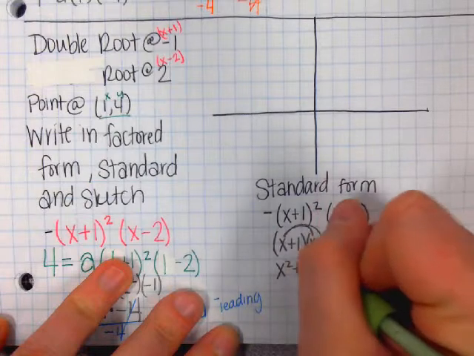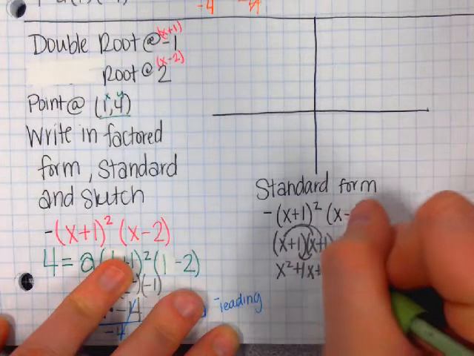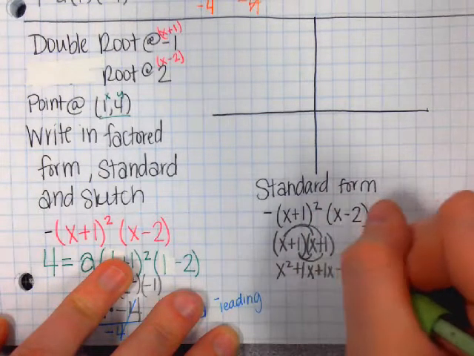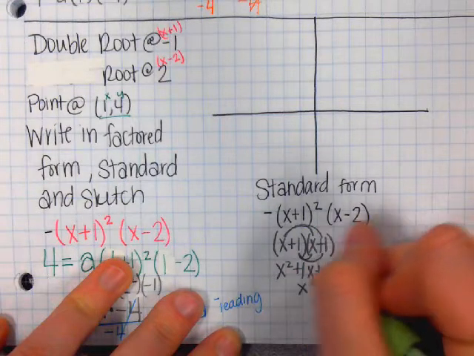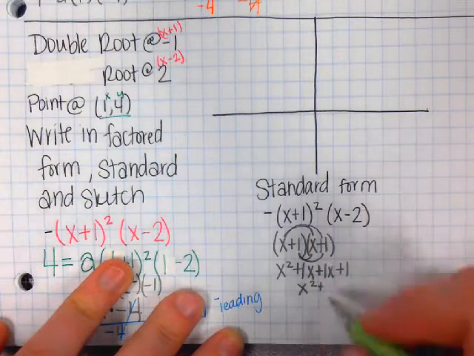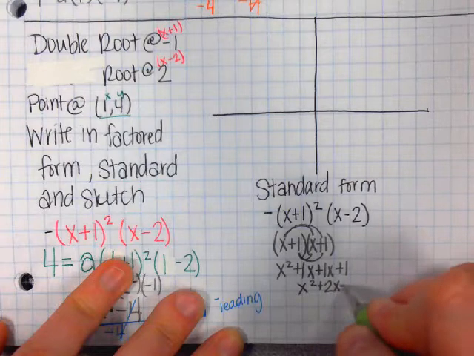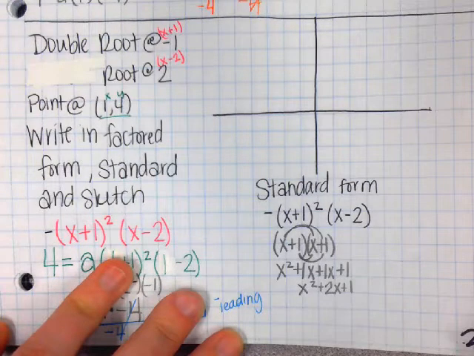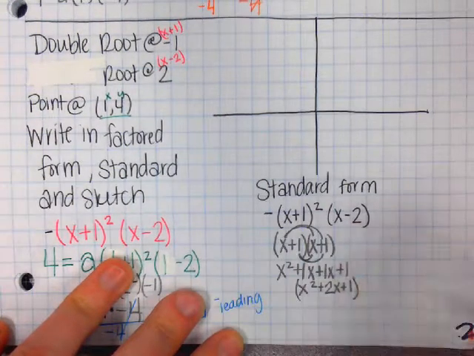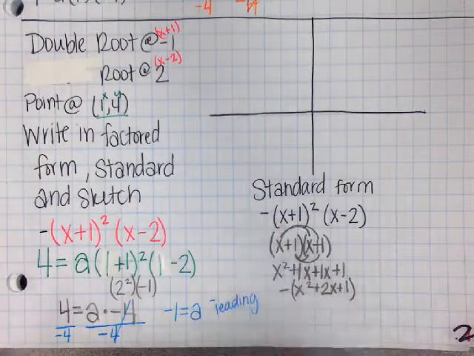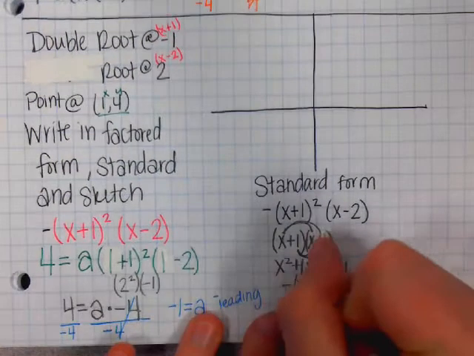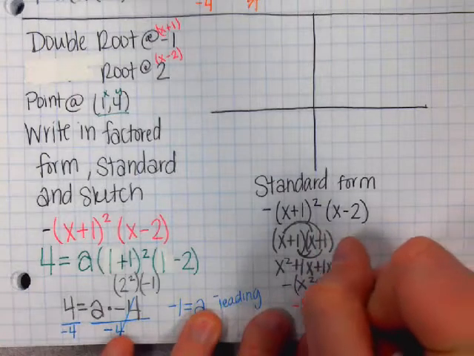So x times x would be x squared. x times 1 would be 1x. 1 times x would be 1x. And 1 times 1 is 1. So x squared plus 2x plus 1. Then I'm going to have to multiply that by a negative, because of that negative out there.